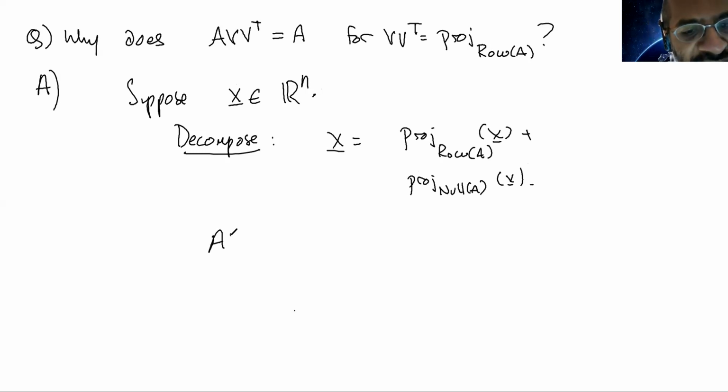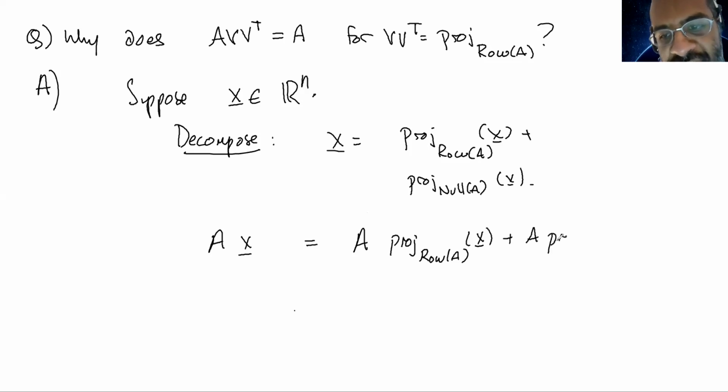Now, what's A V V transpose x? Let's start with Ax. What's Ax? Well, it's A times the projection onto the row space of x plus A times the projection onto the null space of x. Is that okay?